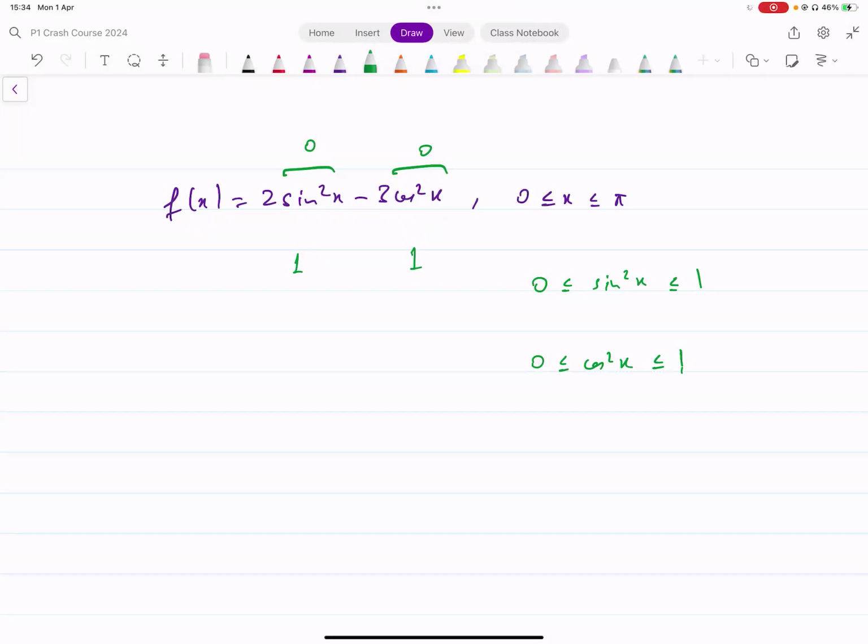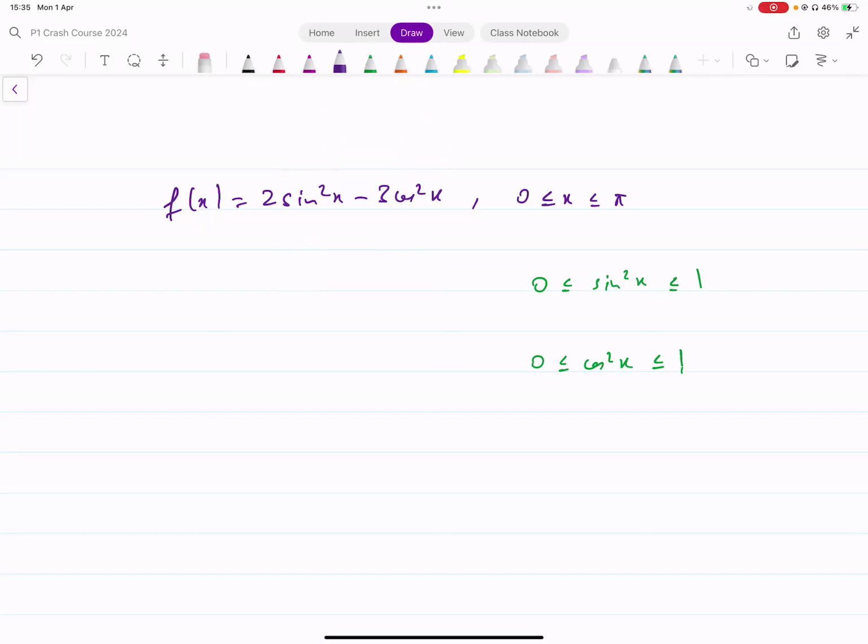Both sine square and cos square have the least value 0 and the maximum value 1. However, they do not have those values at the same value of x. So we can't input 0 in both of them at the same time, and we can't input 1 in both of them at the same time. That is not going to work.